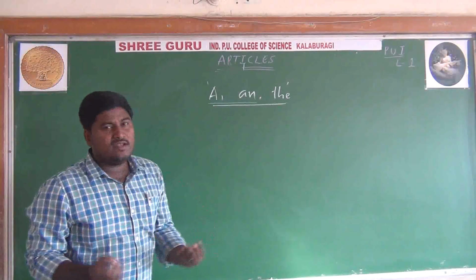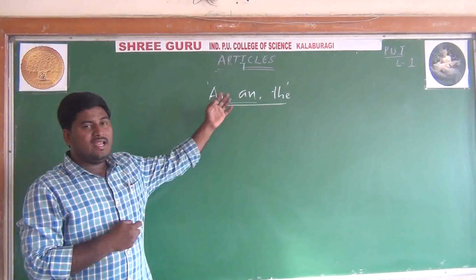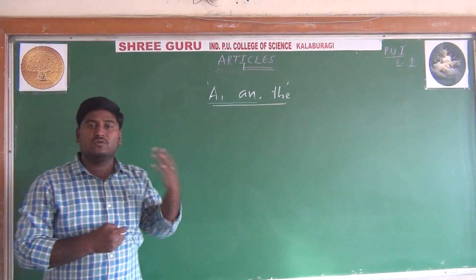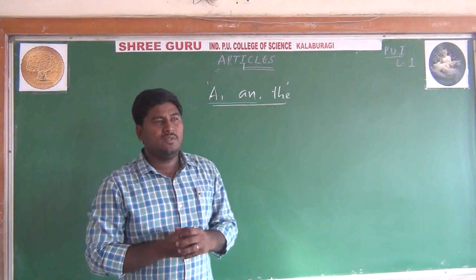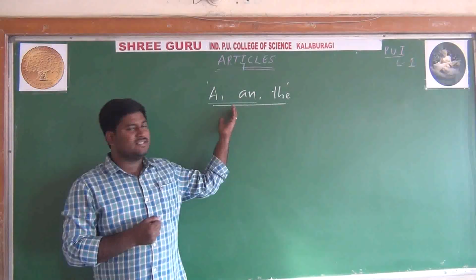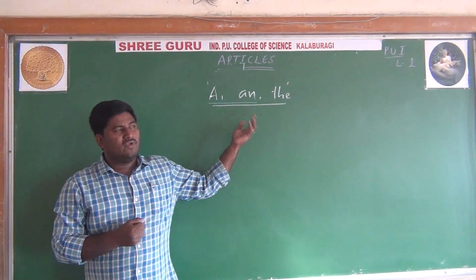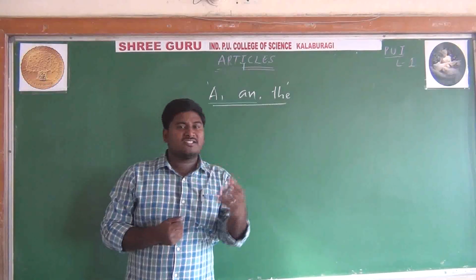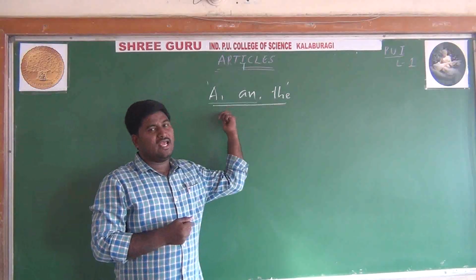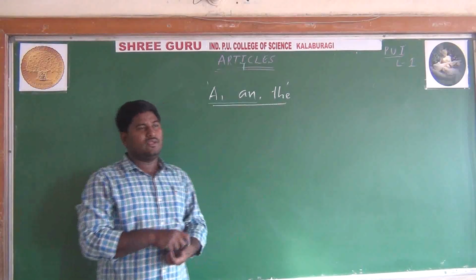Let us know in detail about a and an, where actually we should use them. Even though they are very simple, very often we will not be certain where to use a and where to use an.